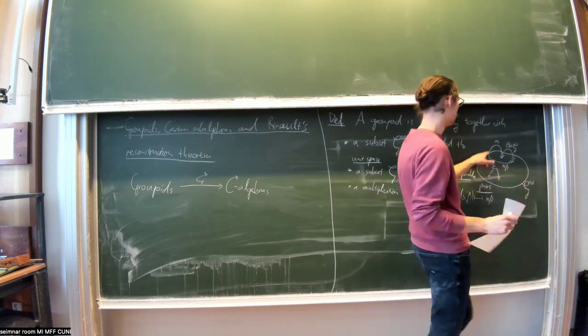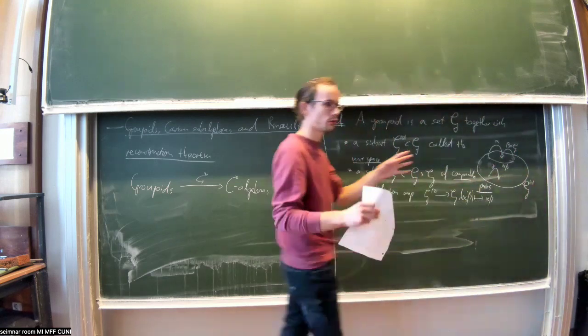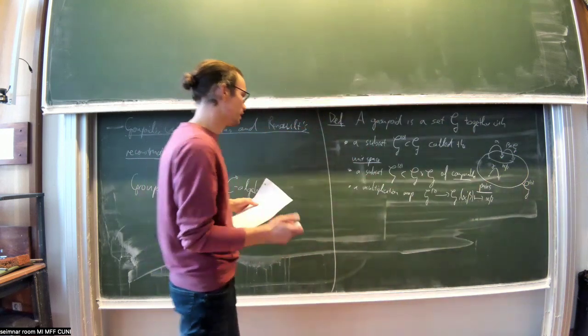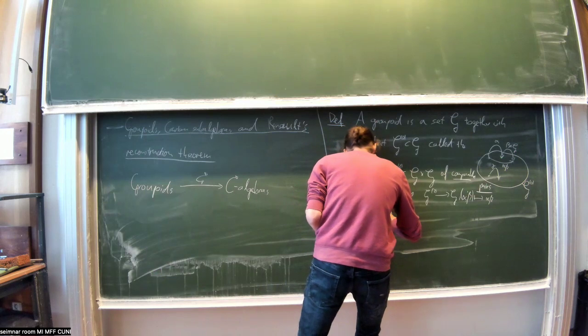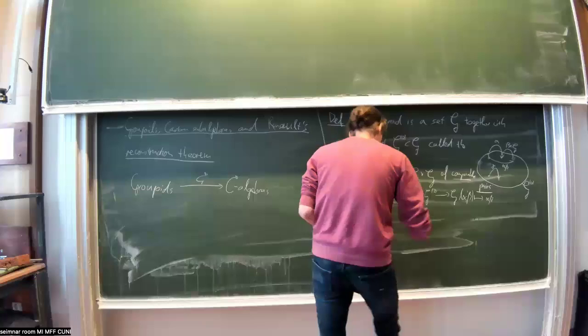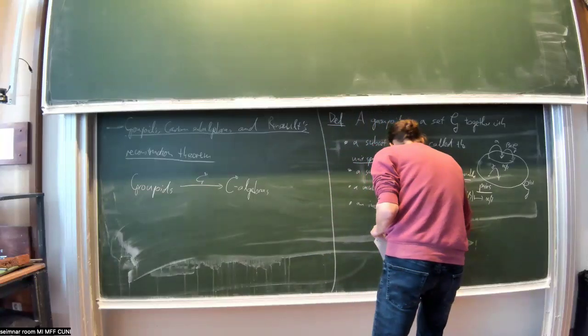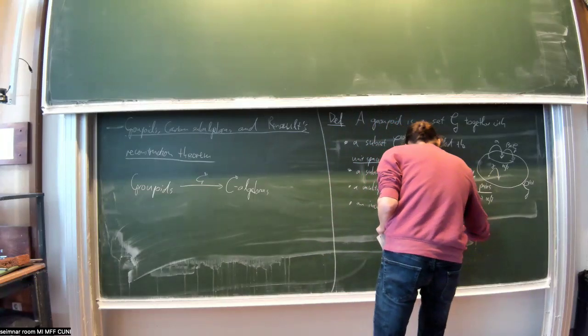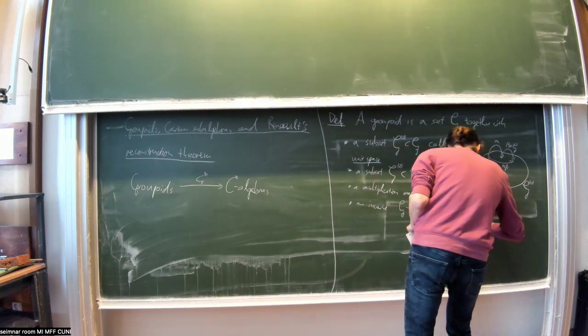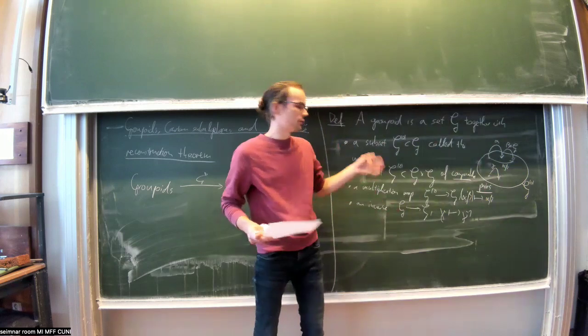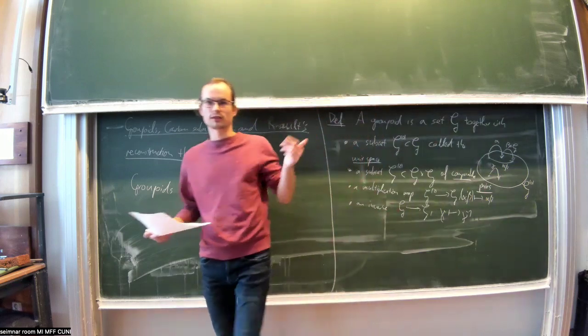So that's exactly what we did here, right? You have two of these arrows, you can concatenate them, and then you have an inverse, which we just write, or you usually write, as an inverse. So for every arrow, there's an arrow in the opposite direction.